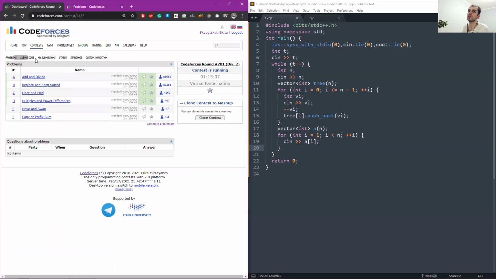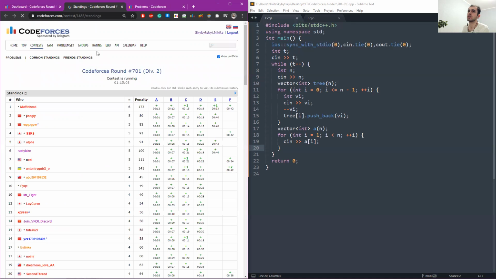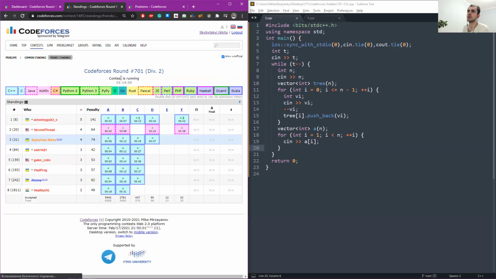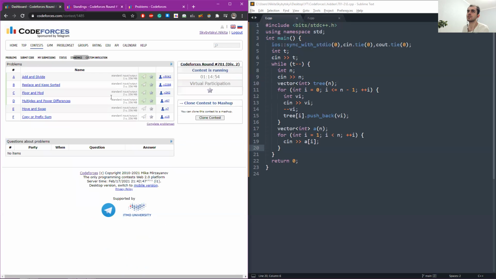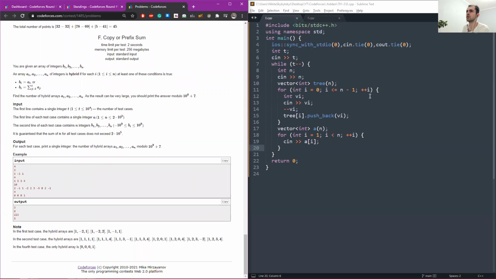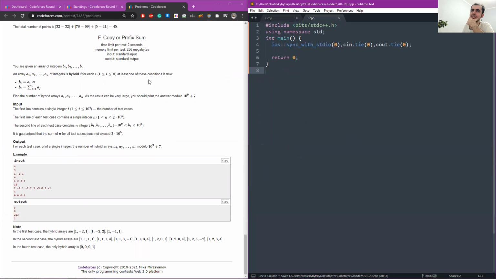I don't really understand where the blue can be. Apparently it's not easy. There should be something like that, but you have to be careful. Maybe layer DP, something like that.